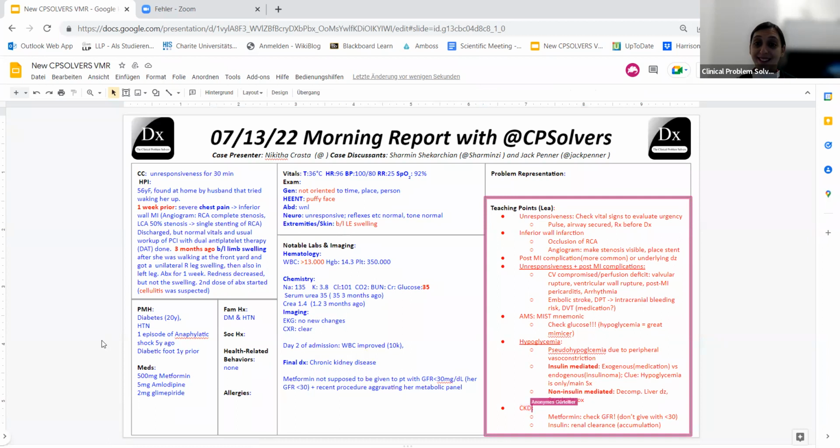I 100% agree. When you see hypoglycemia in someone who's a type 2 diabetic on oral medications, I think kidneys are a good thing to think about because, as you mentioned, Nikita. And the other thing I'm curious about, was there ever a lactate drawn?